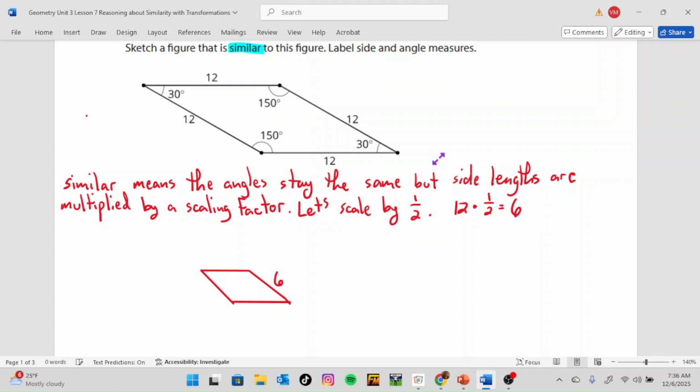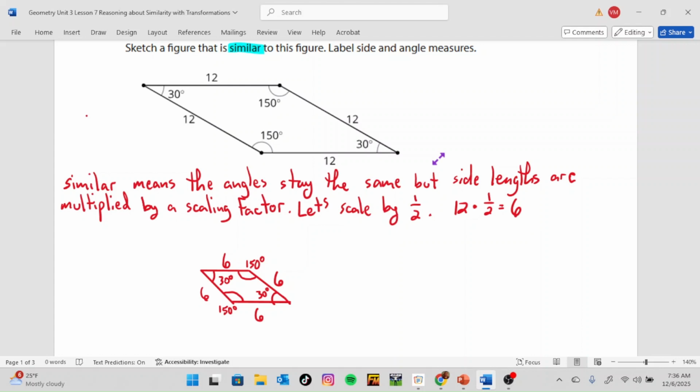We'll label the side lengths as being 6. We'll label the 30-degree angles staying the same. And we will label the 150-degree angles staying the same. And now we've created a similar figure.